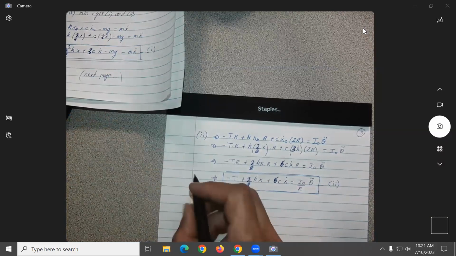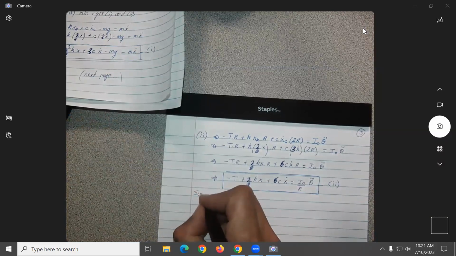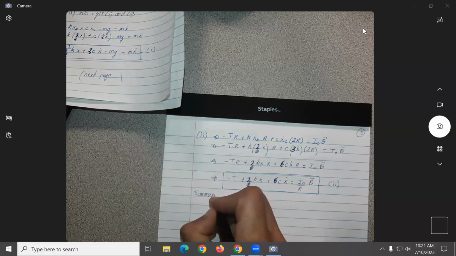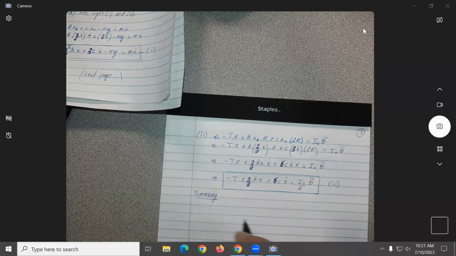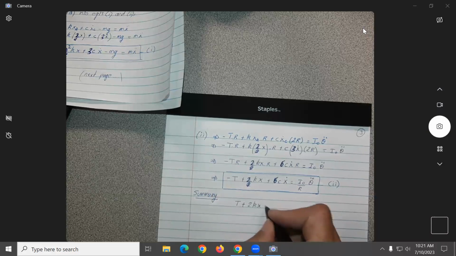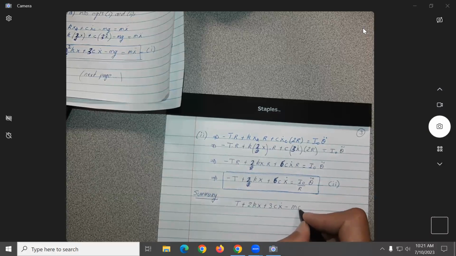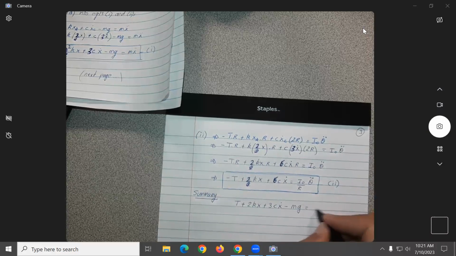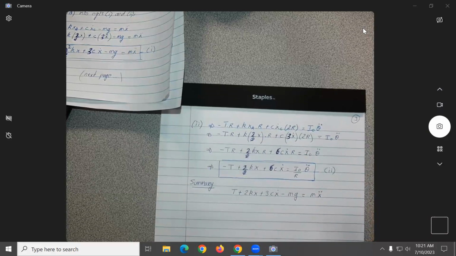Okay, so since we are here and we messed up, let's just do a quick summary. We have T plus 2kx plus 3x dot minus mg equal to m x double dot.